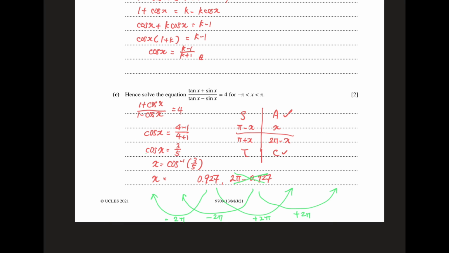In terms of degrees, we plus 360 degrees, or you minus 360 degrees. So over here, I'm going to find out the negative angle. I'm going to take the angle in the fourth quadrant, I minus 2 pi, then I will get negative 0.927. So this is still within the interval. So at the end, we have two answers: negative 0.927 and positive 0.927.